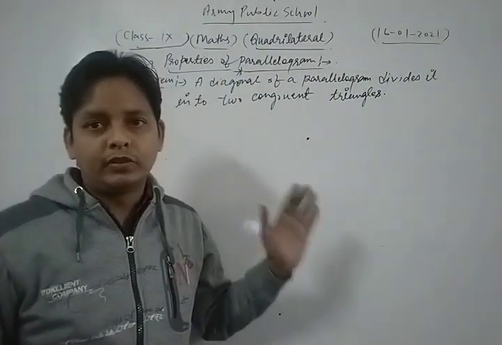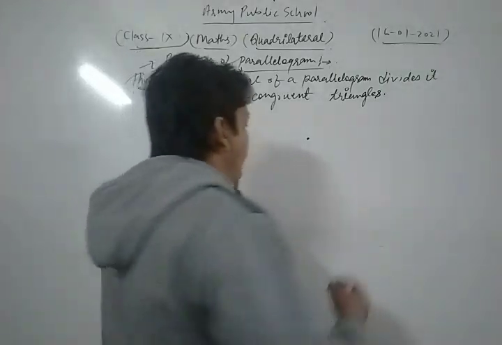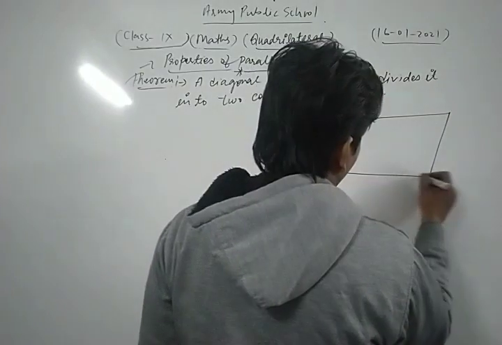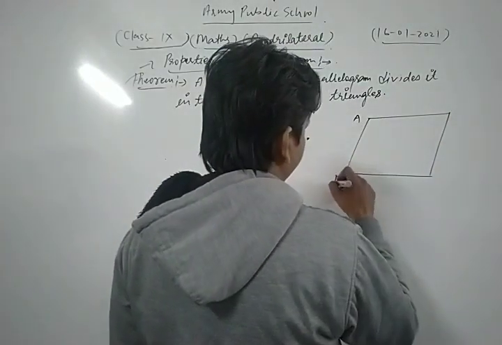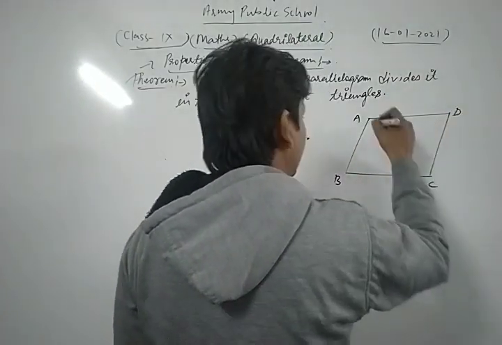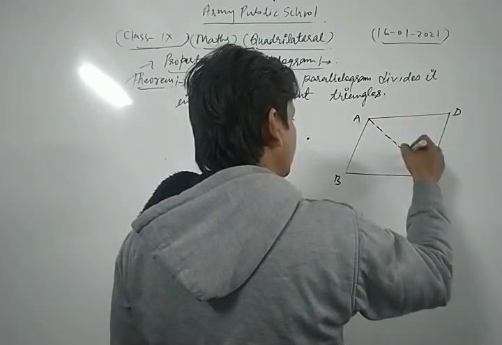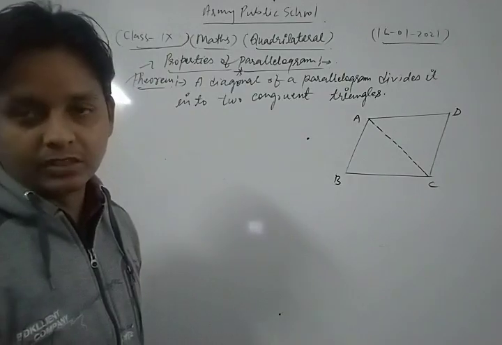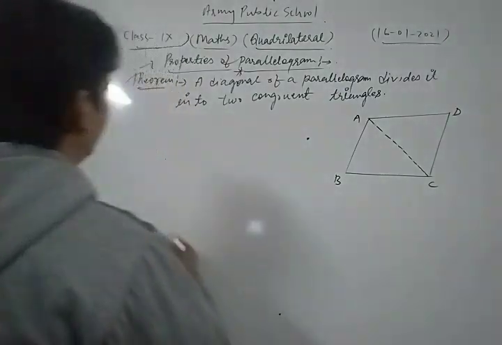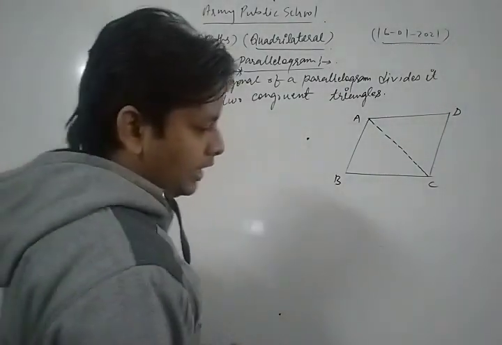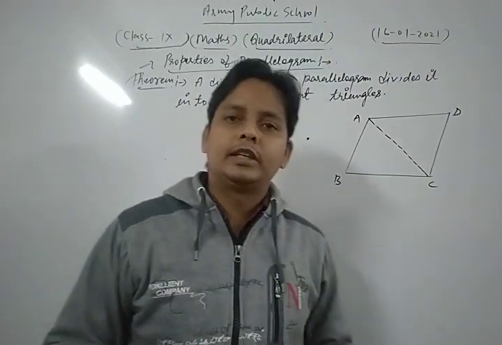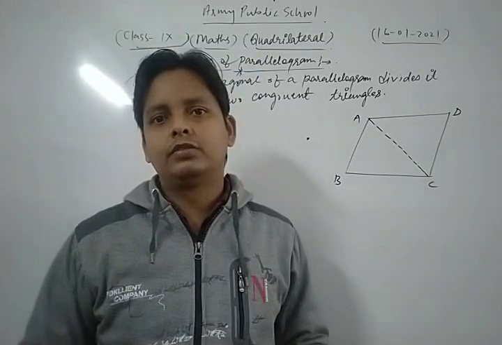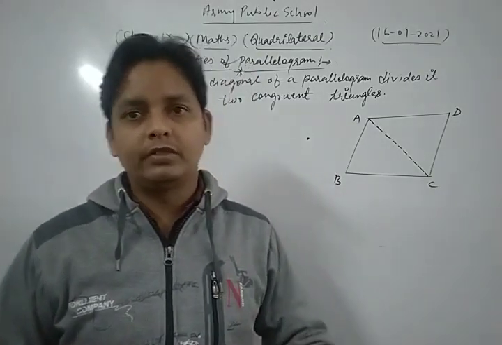So first of all, in order to prove that theorem, we draw a parallelogram ABCD, and we have to do some construction. We draw AC, we join the diagonal AC. In proving any theorem, as we already discussed so many times, first of all we write given, then we write to prove, then construction if any, and then proof.